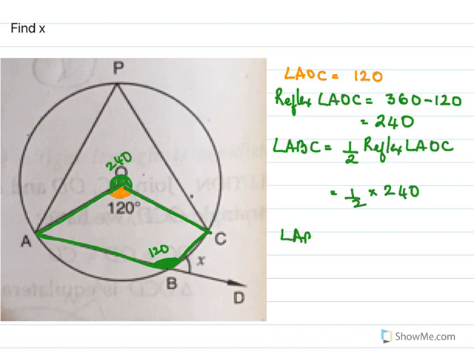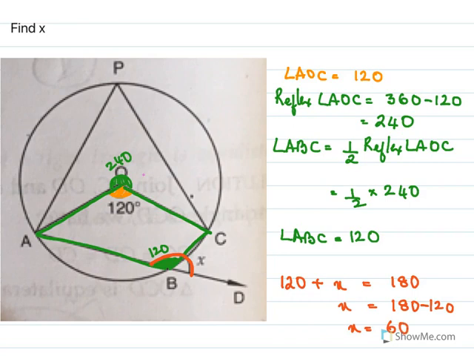So angle ABC is 120. Then we do linear pair. Here 120 plus X is a linear pair. So 120 plus X equal to 180. And X will be 180 minus 120. X will be 60.